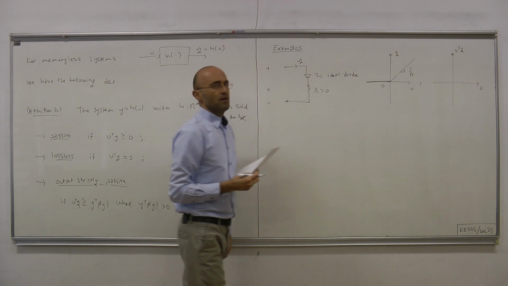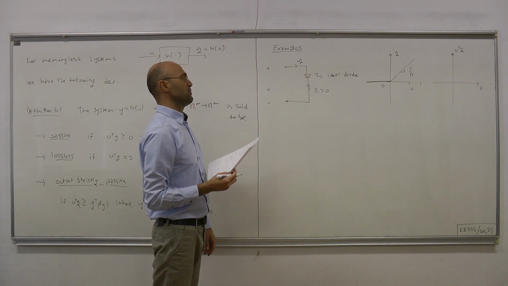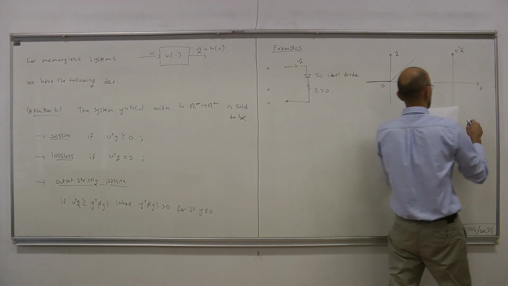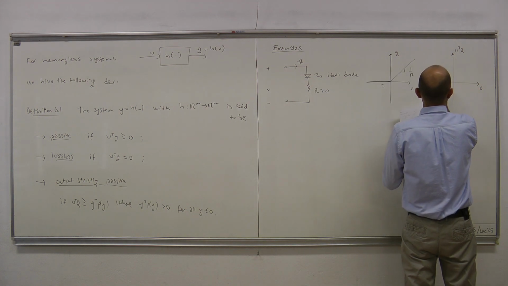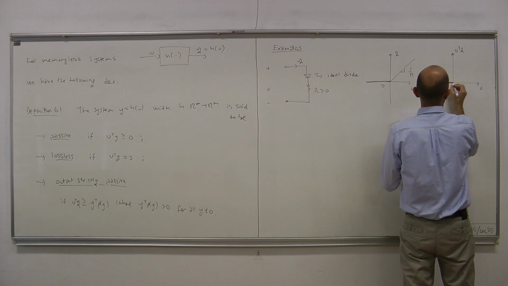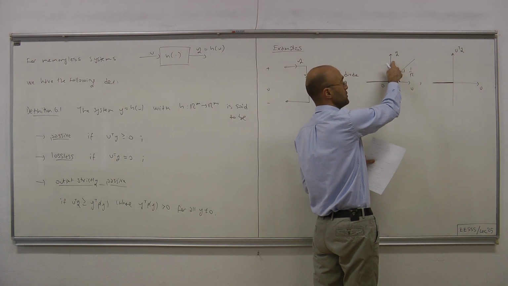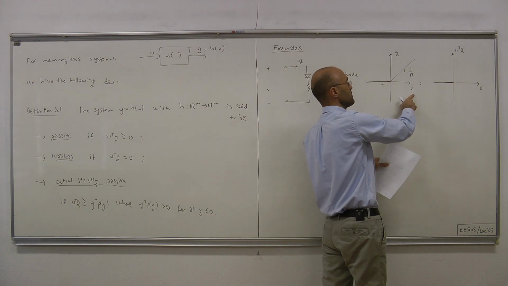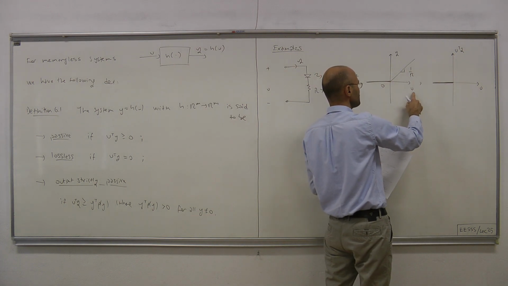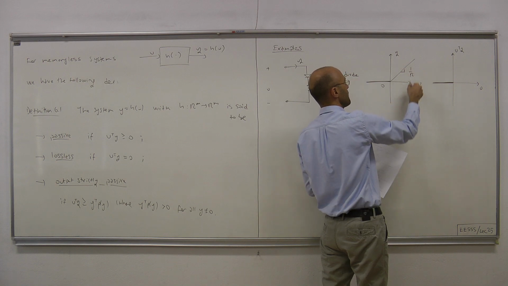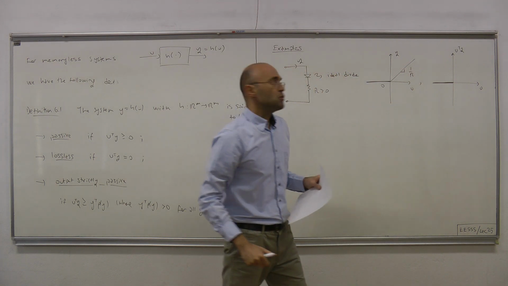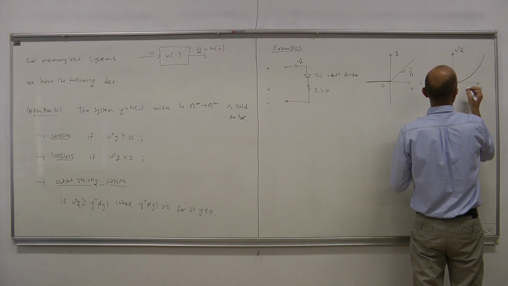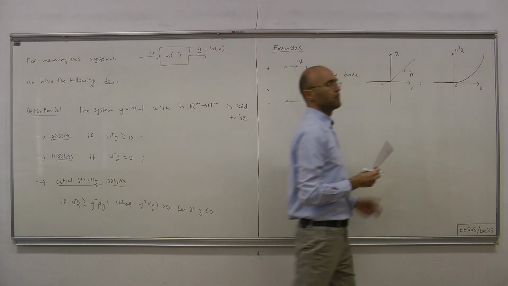gives us the following relation between the input and the power, or the product of input and output. Here we have 0 because the output is 0 when u is negative. And when u is positive, then we have u over R times u itself. So what we have is this quadratic curve.